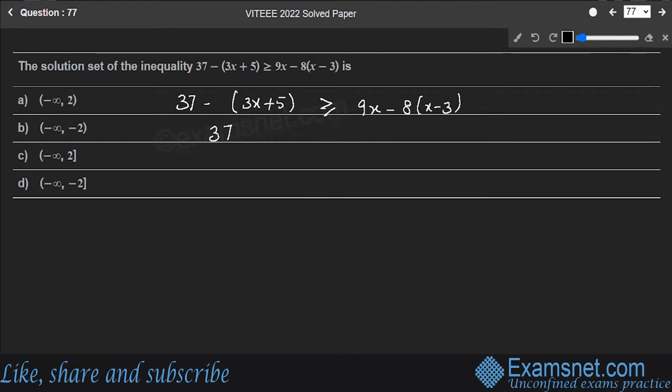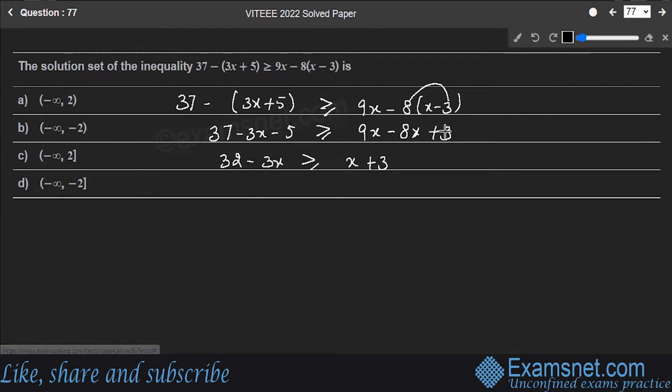So this can be written as 37 minus 3x minus 5 is greater than equal to 9x minus 8x plus 3, or that is equal to 32 minus 3x greater than equal to x plus 3. Simplified, right? Sorry, one thing I missed. This is to be multiplied, right? So this is got to be 24.